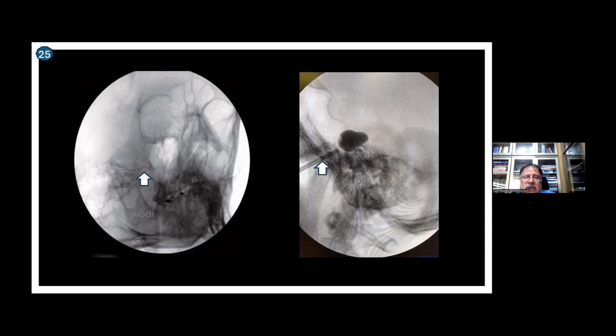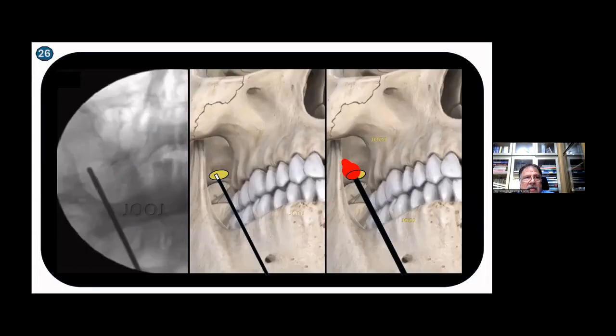So we perform this in general anesthesia. On the left, identification of the foramen, puncture with the radio frequency electrode in the middle, and with a cannula with the balloon on the right side.